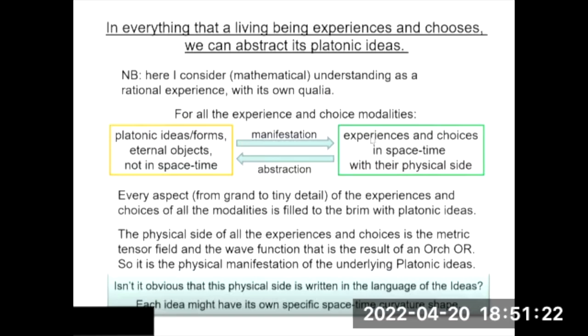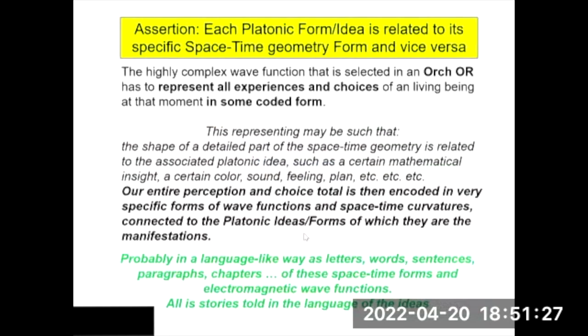Then I consider these Platonic ideas in the curvature of space-time, on these pi rings, for instance, in the tubulin, in the microtubules. You have a way of describing that by means of the metric tensor. That is the way in which relativity theory describes the curvature of space-time.